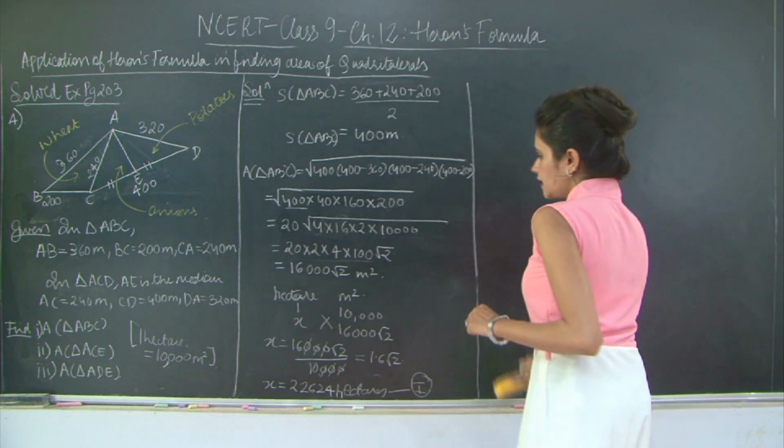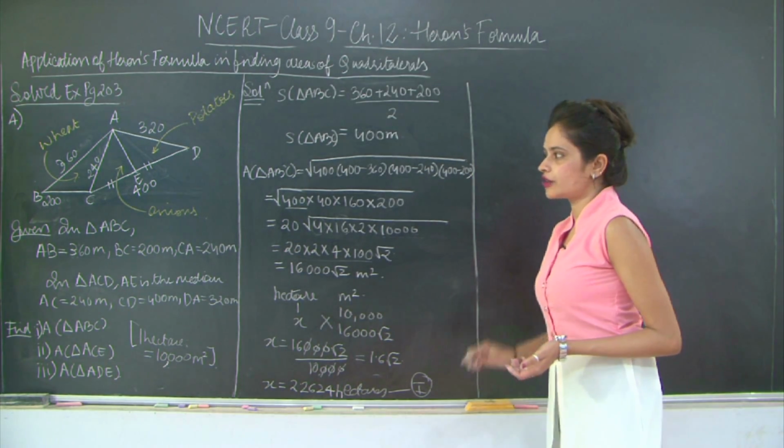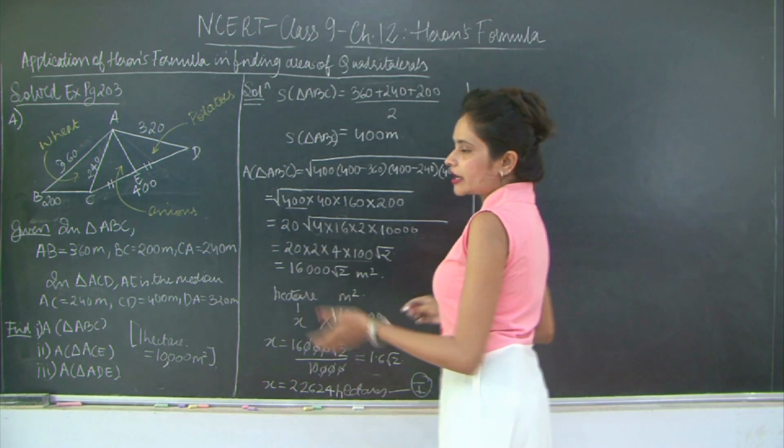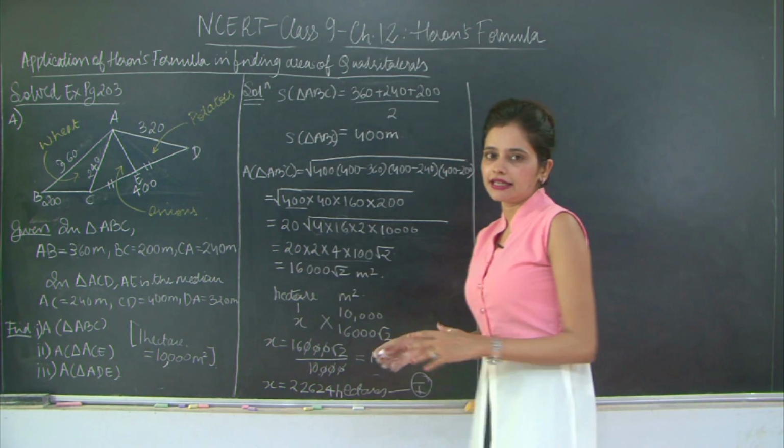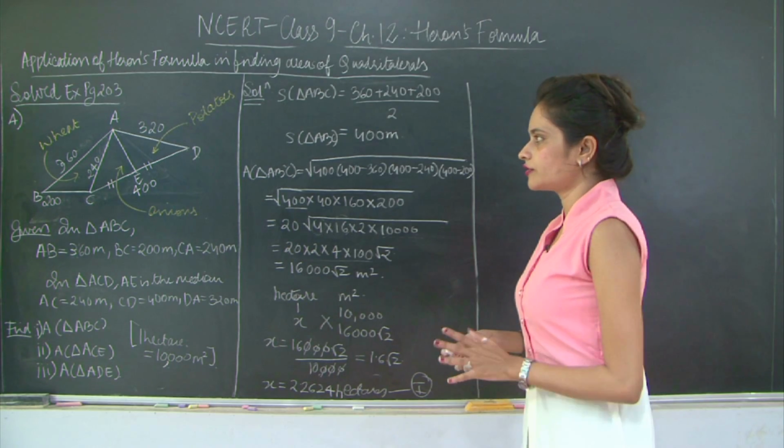Now I'm going to say that AE is the median of triangle ACD. Therefore, area of triangle ACE is equal to area of triangle ADE, and then we will find the area of any of the triangles.